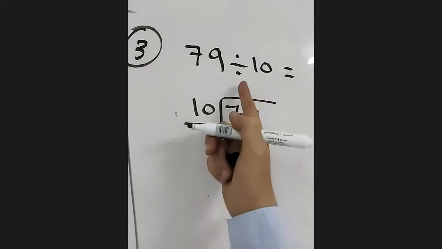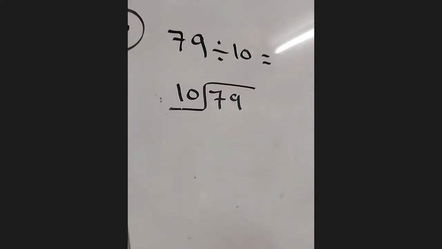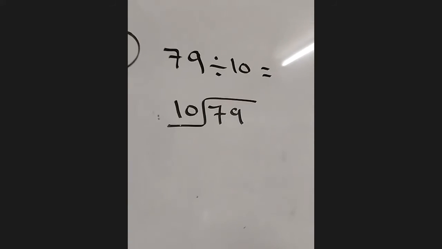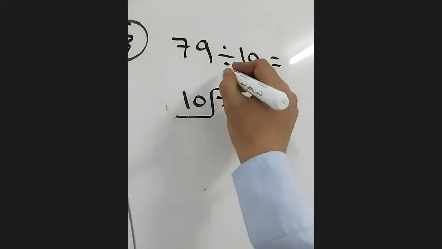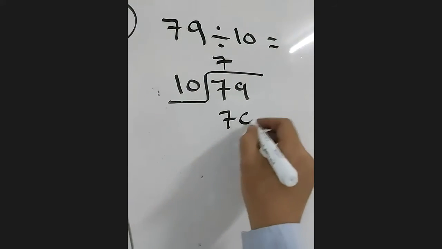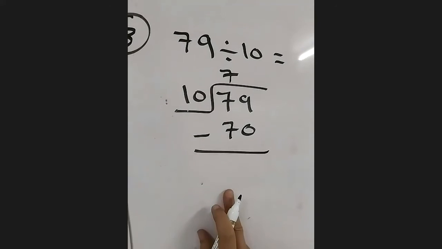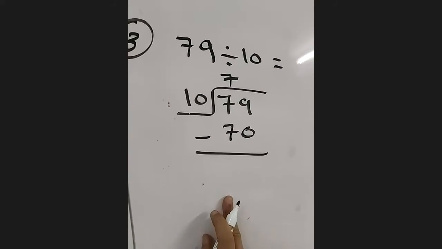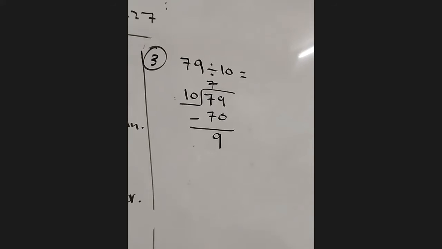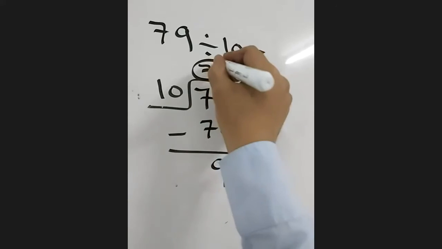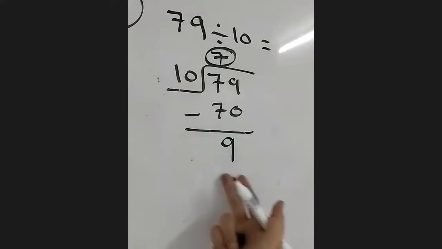What's the number you multiply by 10 to get 79 or less? 10 multiplied by 7 is 70. 79 minus 70 is 9. So if we have 7 papers of $10, you get 70. But how many dollars do you still need to pay?